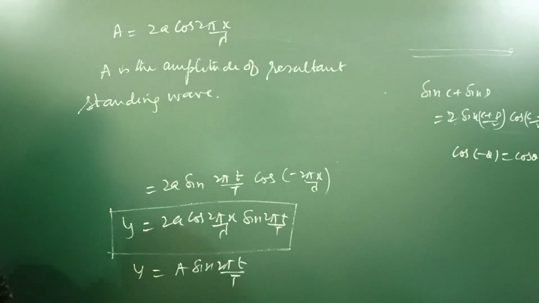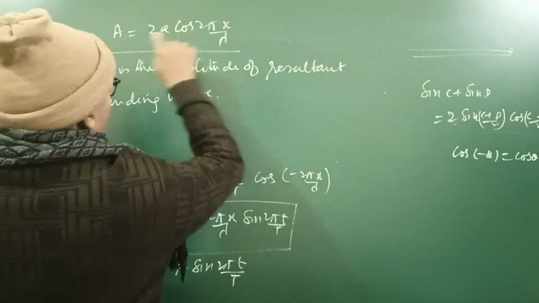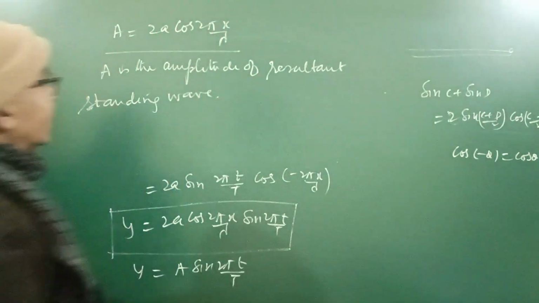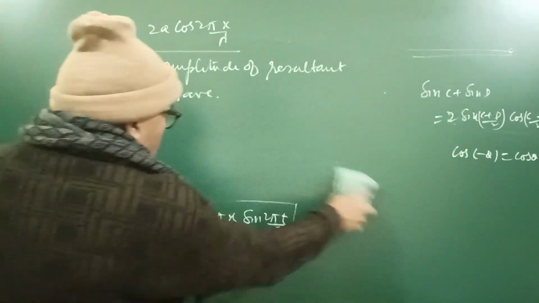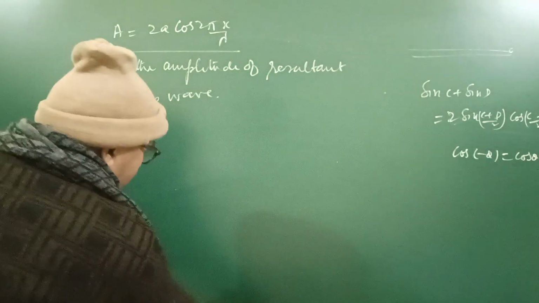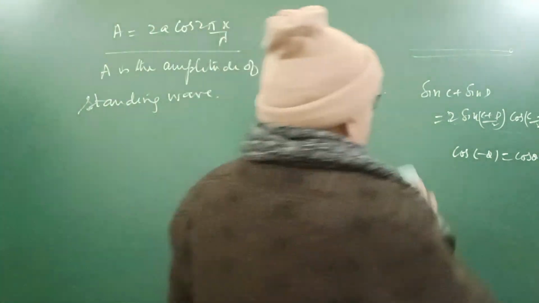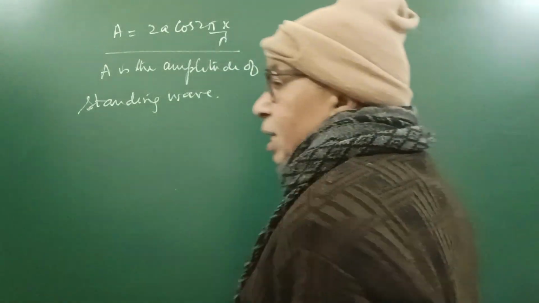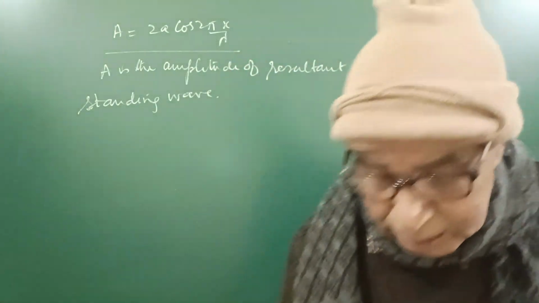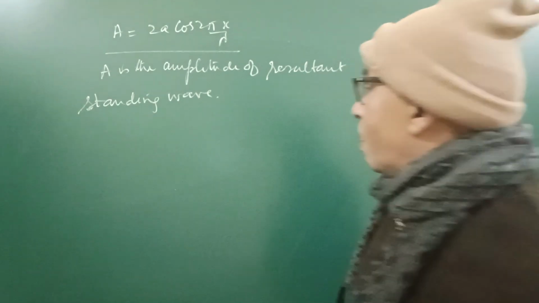Now A varies with distance x periodically. Sine and cos functions are periodic functions. After a certain value of theta, we get the same value. After every change of 2 pi, we get the same value.